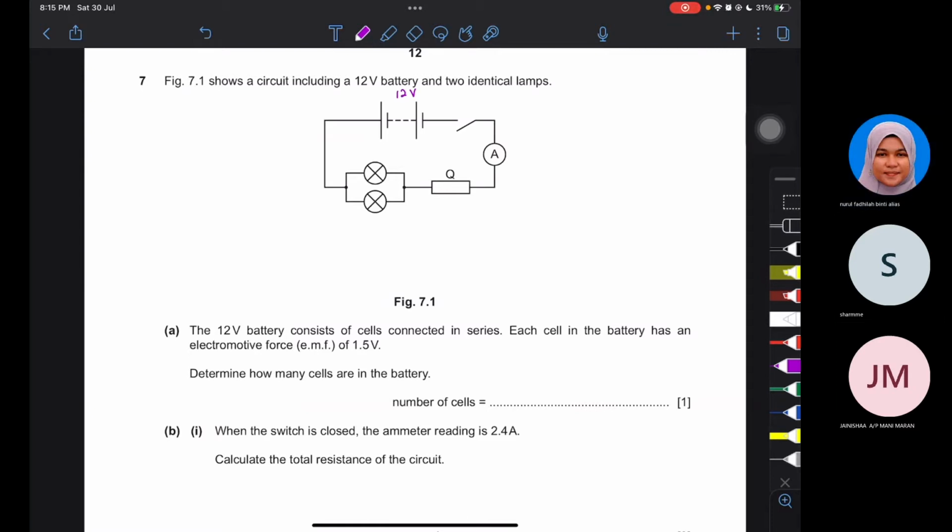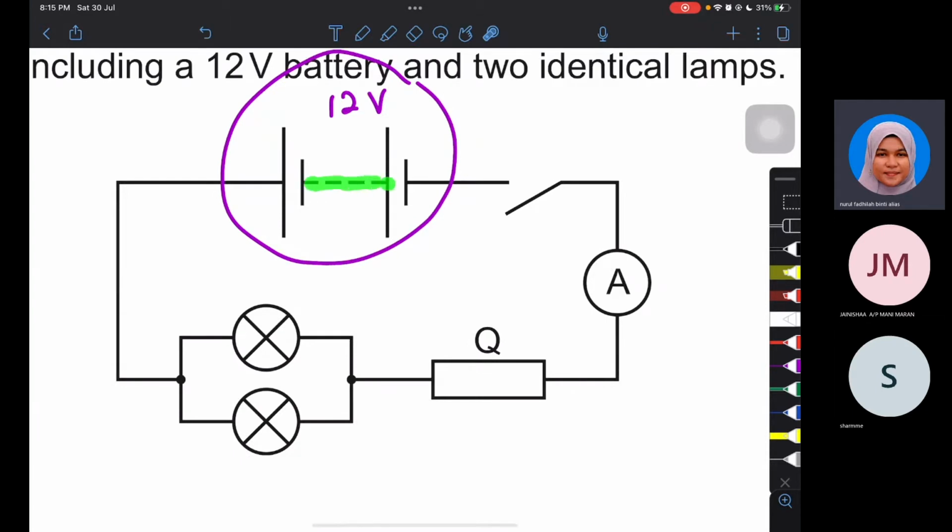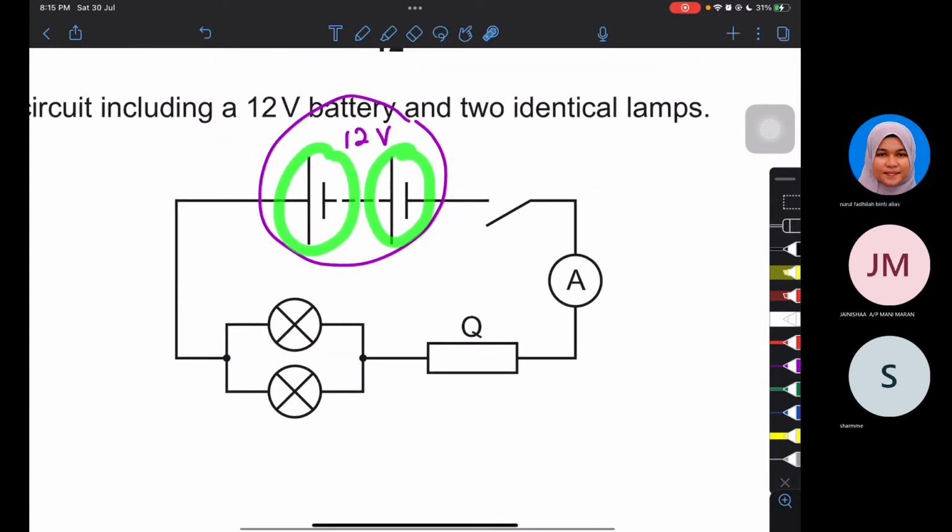Jadi dia kata kat sini total 12 volt. Right? So, dia kata kat sini bateri. Nampak tak bentuk dash ni? Dash lines ni. Apa maksud dash lines tu? Maksud dash lines tu sebenarnya kita bukan hanya ada dua dry cells saja.